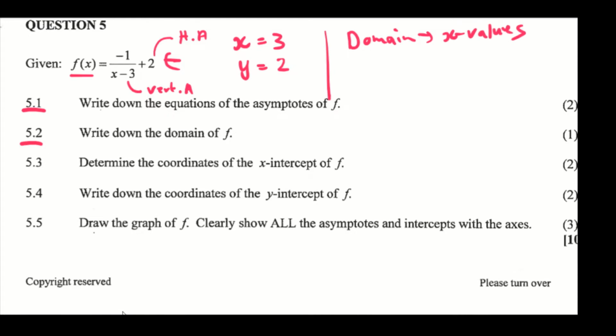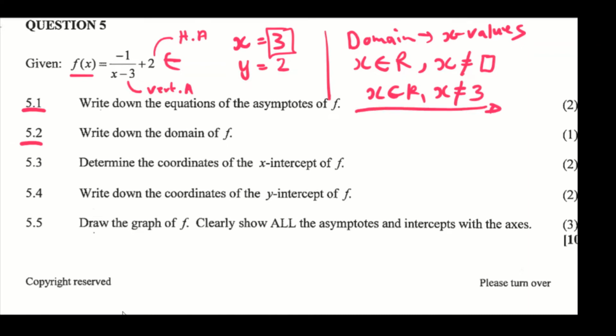So the x values for a hyperbola are from negative infinity to positive infinity, but they must not be equal to the asymptote. In this case our asymptote is 3. So x is an element of real numbers, but x is not equal to 3. So this is going to be the domain of this function.